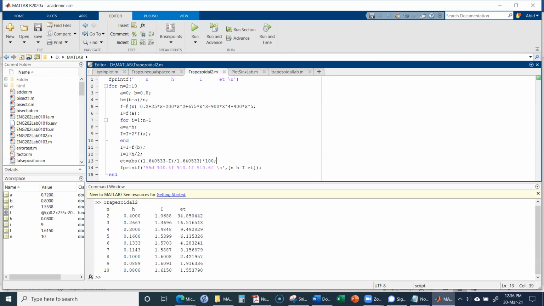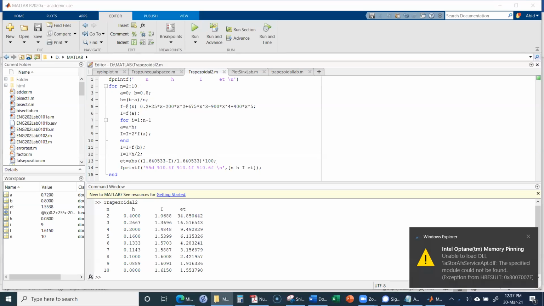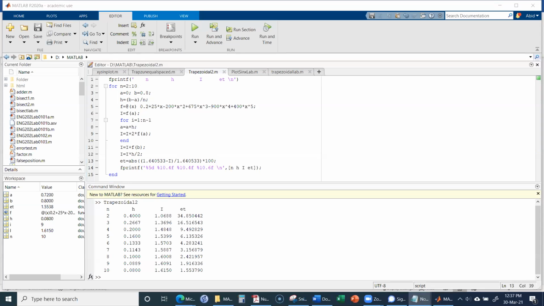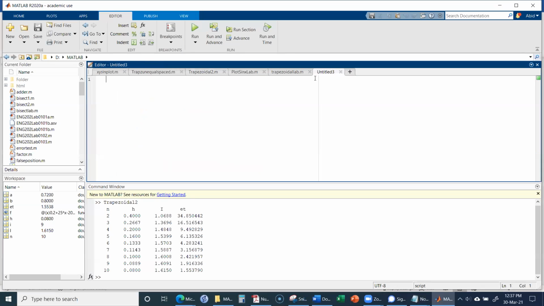Okay, about the simple Simpsons rule. So that will be the Simpsons rule. Okay, let's apply the Simpsons rule. For the Simpsons rule, we can also do it like this.